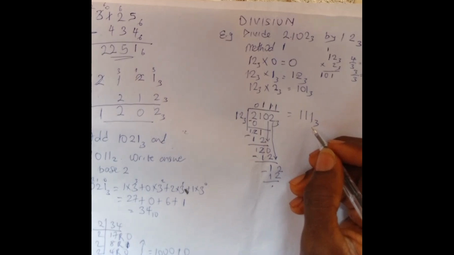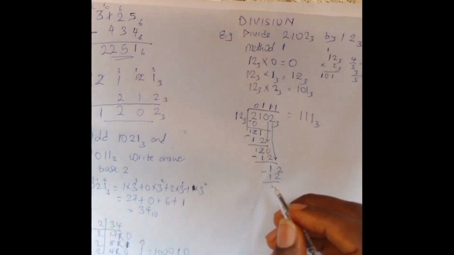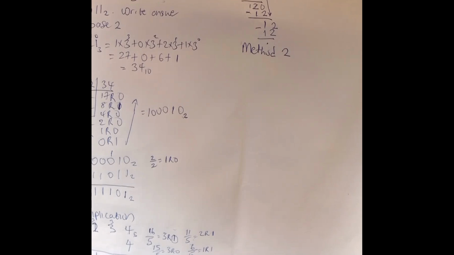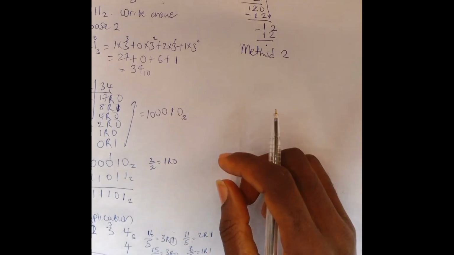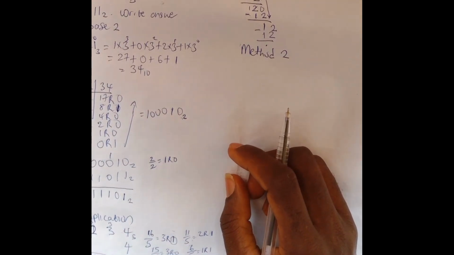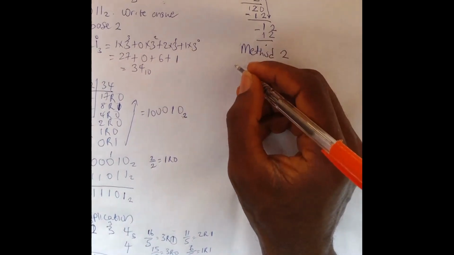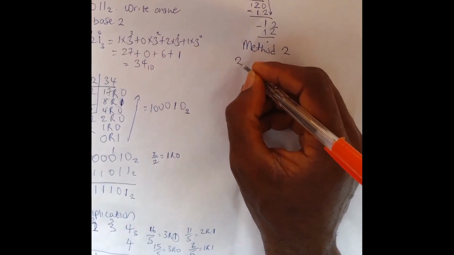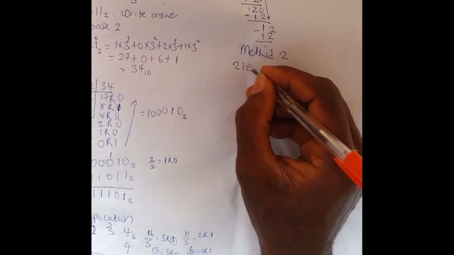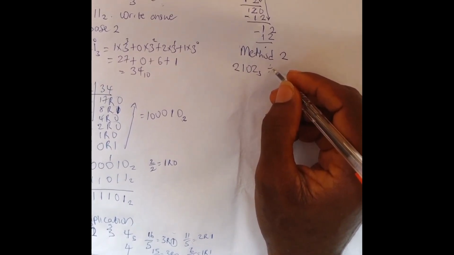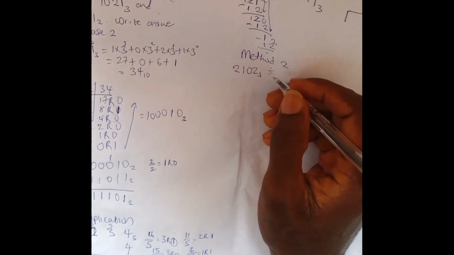And let me show you the second method. This is method 2. We would first have to convert all of the numbers that they ask us to divide, both the 2102 that is the question, divided by 12 base 3.